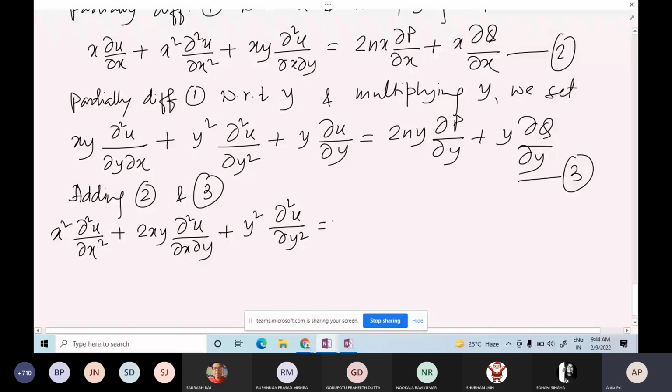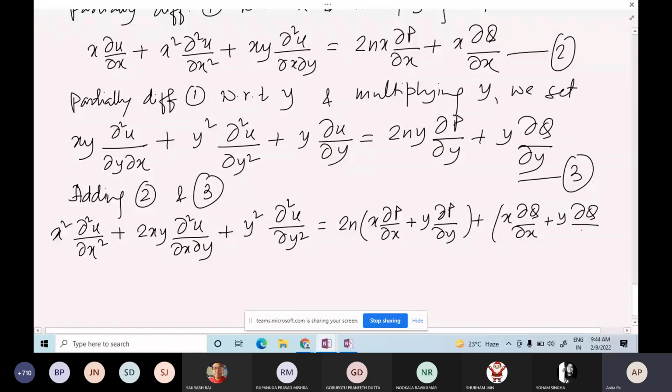Left hand side will be this and right hand side will be 2n common, x del p del x plus y del p del y plus x del q del x plus y del q del y, minus x del u del x plus y del u del y.